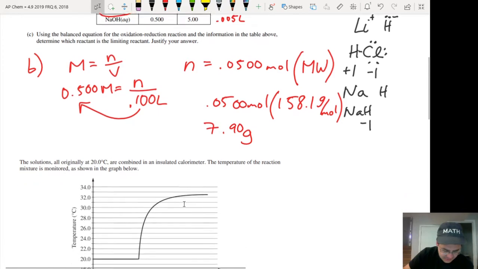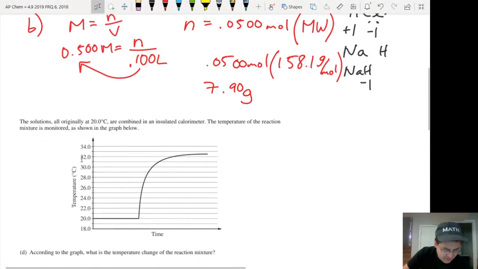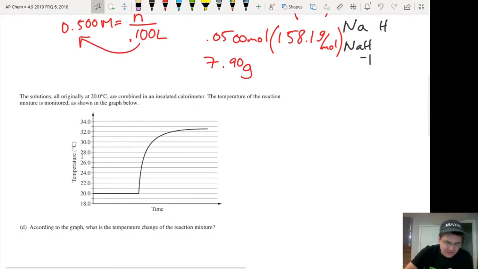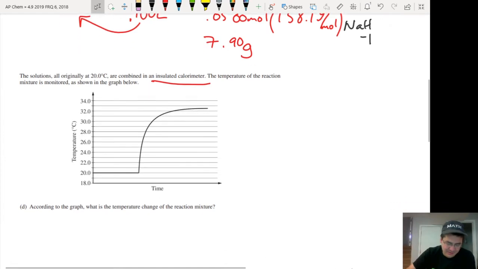Here's a graph. It says the solutions are all originally at 20 degrees Celsius. So all 3 of those things are combined in an insulated calorimeter. The temperature of the reaction mixture is monitored as shown in the graph below. According to the graph, what is the temperature change of the reaction? You guys take a stab at it. 32.3 minus 20.